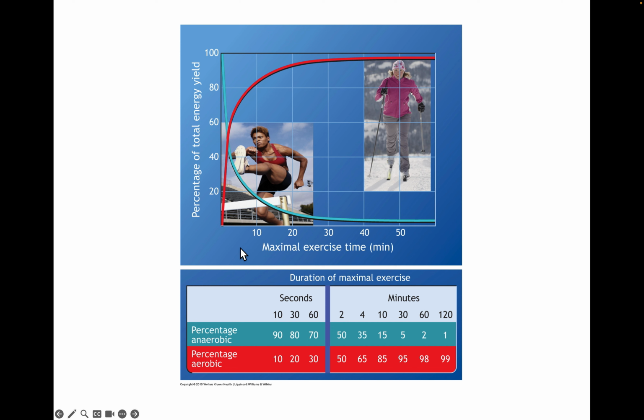The aerobic energy system, again, is very slow because it has many different chemical reaction steps, so it doesn't provide nearly as much ATP as our anaerobic energy systems at the beginning. But as it gets kicked into high gear, and as our anaerobic energy systems are not able to continue producing as much ATP, our aerobic energy system becomes the primary form of ATP production the longer the exercise bout goes.